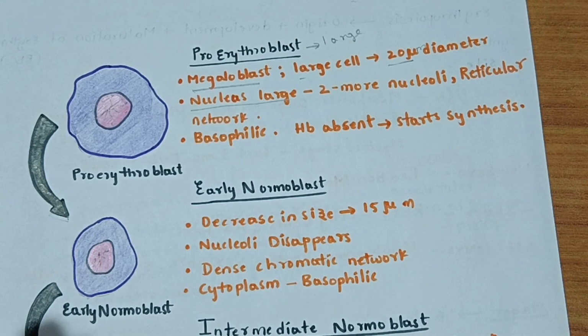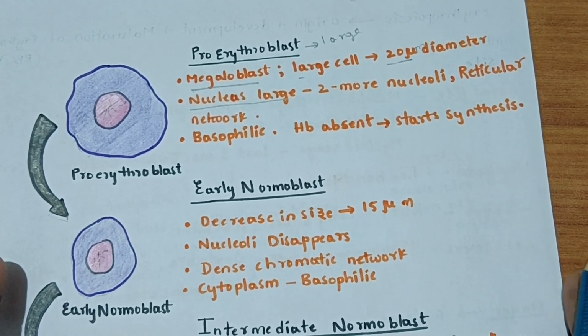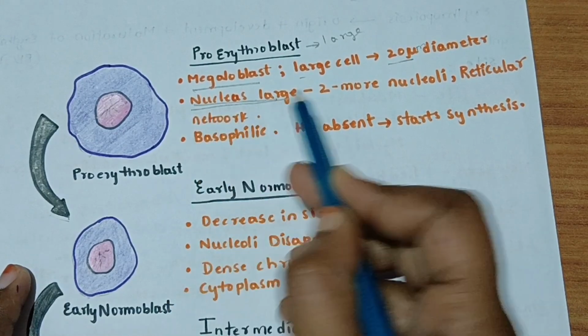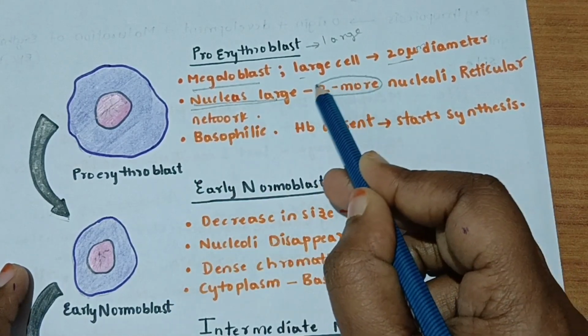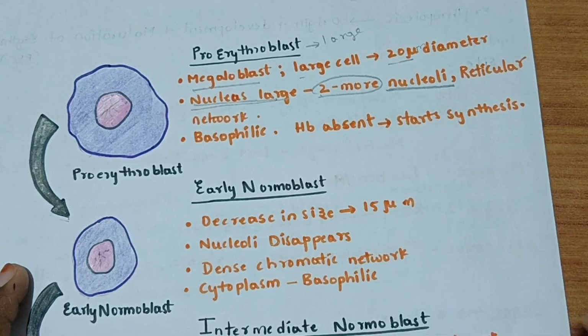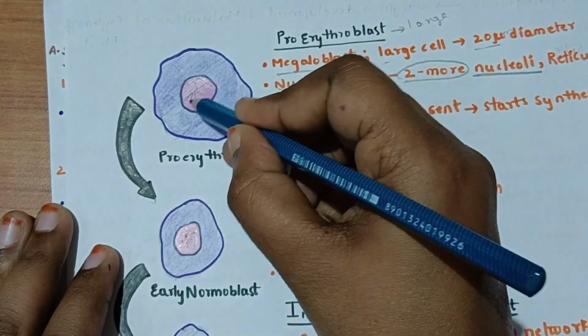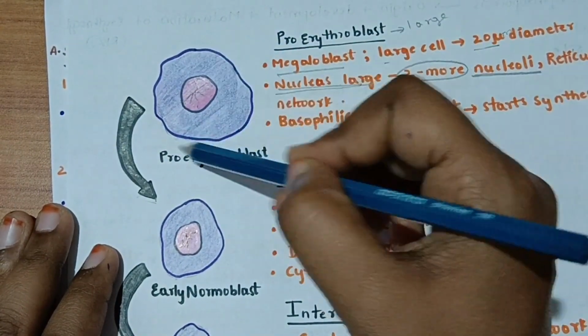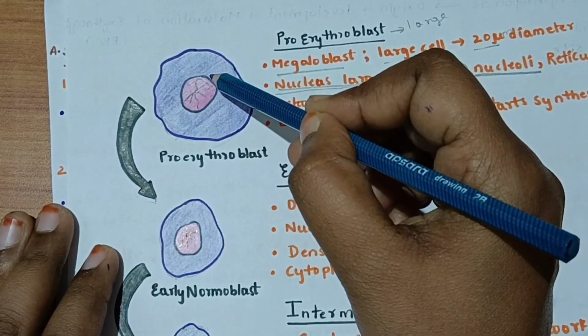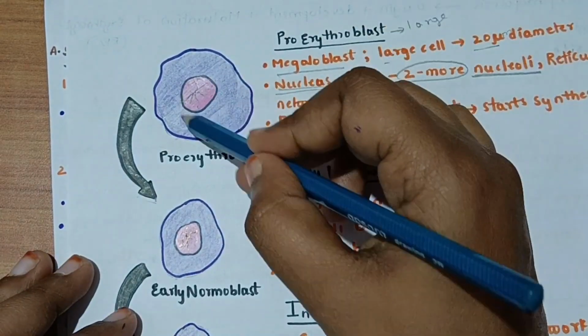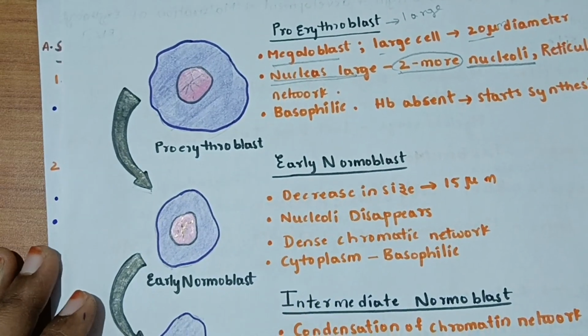The cytoplasm, nucleus, and all other components of the cell are very abundant in the first stage. The nucleus is very large, containing two or more nucleoli and the reticular network.